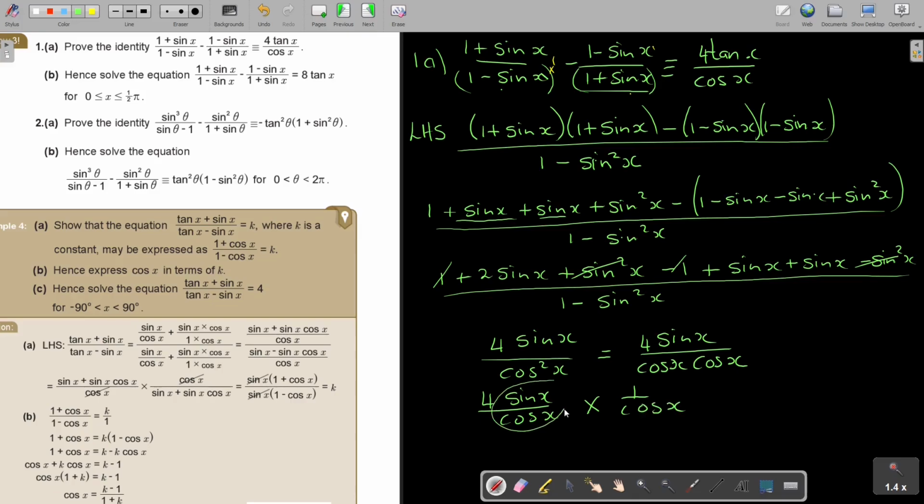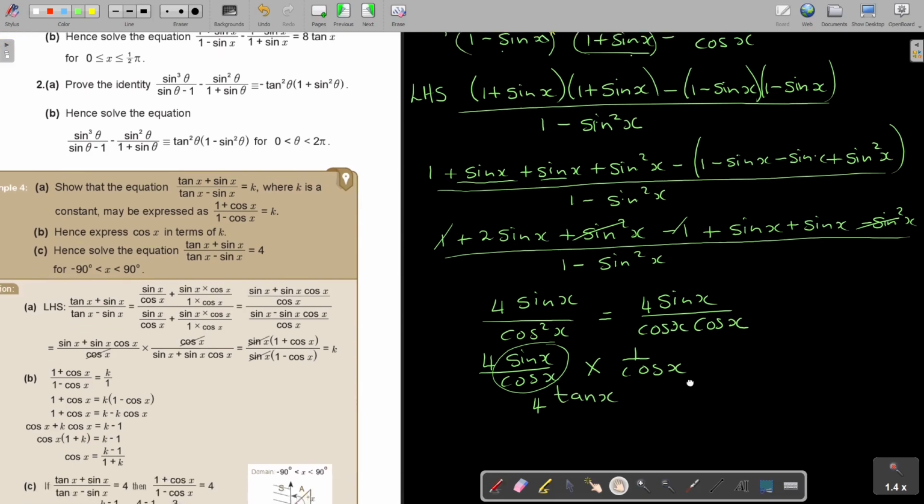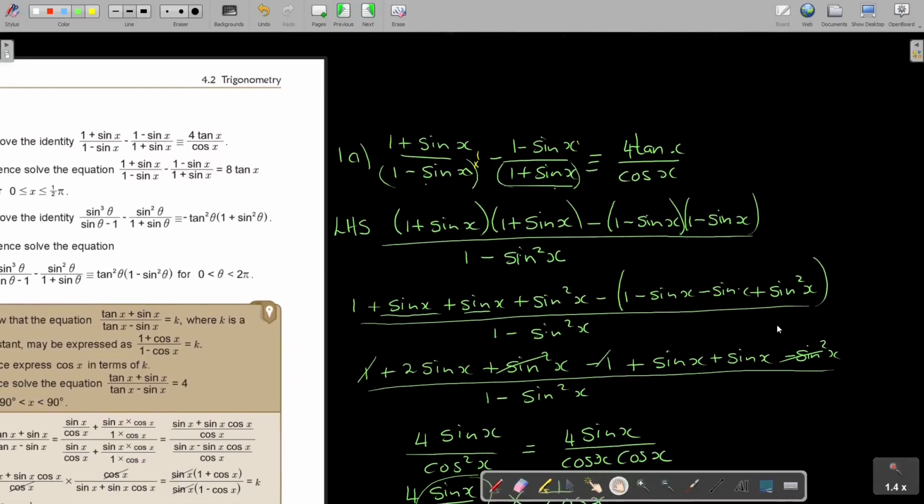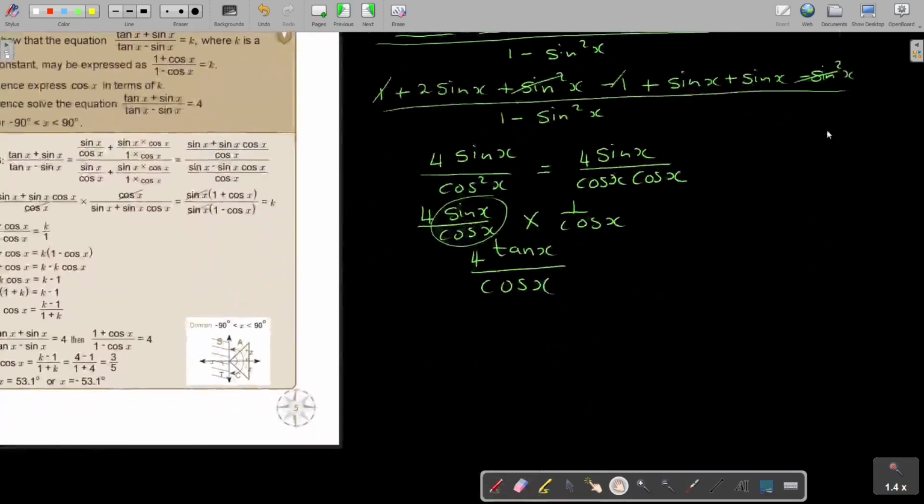Because then that becomes tan, so it's 4 tan x over cos x. Okay, because I always look at what they want it to become. Do you see? They want it to become this. Okay, and now I can end up by saying the left-hand side is equal to the right-hand side.